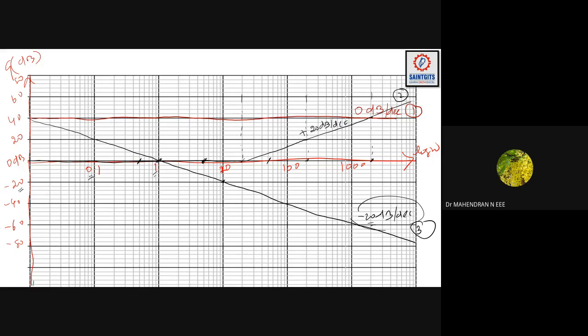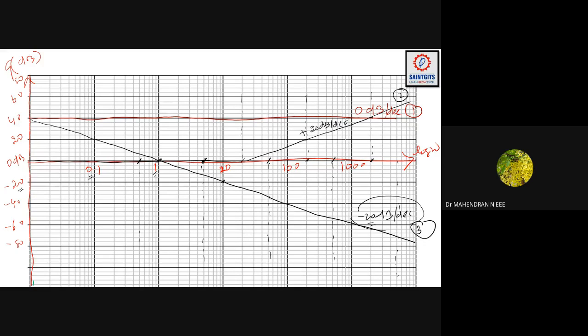The next is 500: 200, 300, 400, 500. So you mark this clearly so that we can easily draw the magnitude plot. It's most important. Then 2000, 3000 is 5000.